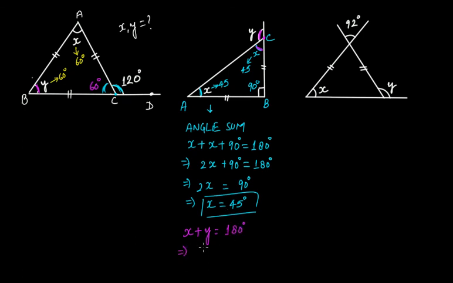Since X is equal to 45 degrees, therefore Y will be equal to 180 degrees minus X, right? And what is X? X is 45 degrees. If you solve it, Y will be equal to 135 degrees. So X is 45 degrees and Y is 135 degrees.